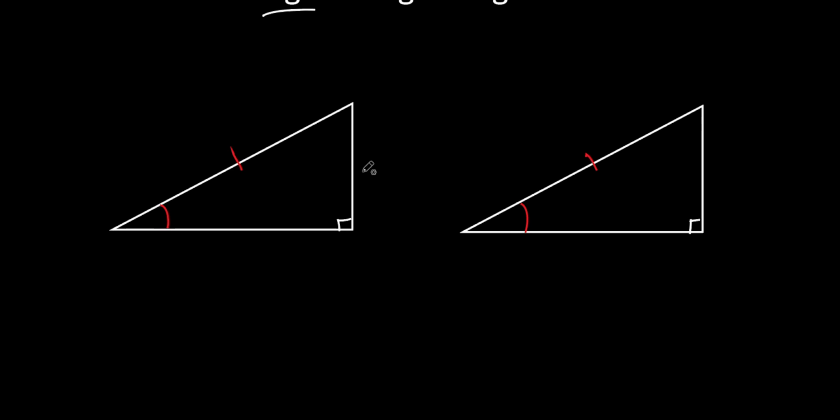Because of angle. It's not angle, side, angle because the side's not in between. Angle, side, right. So the old-fashioned way, if you wanted to call it that, I could call these congruent because of angle, side. But they're right triangles. So I could just use the stuff in the red. I only have to say 2 things. Instead of angle, side, that's 3, I could only say 2 things if it was a right triangle.